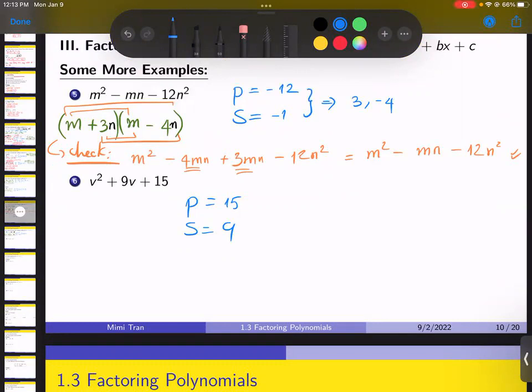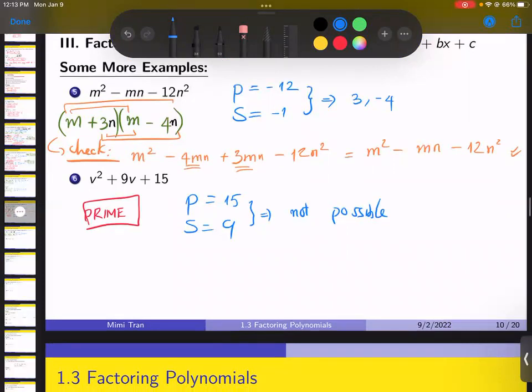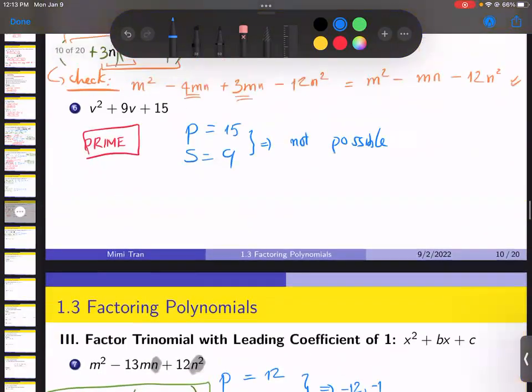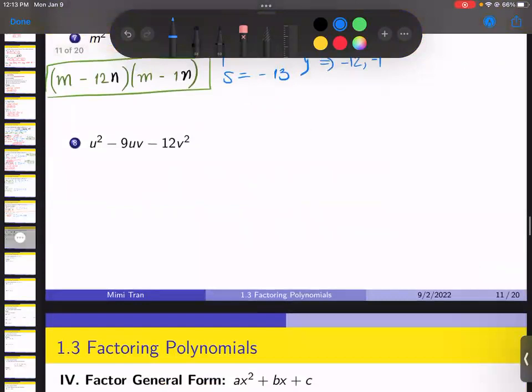It's not factorable. Your answer will be prime. Say not possible, at least not in real number. You try number 8. And then we move on to the slightly harder one.